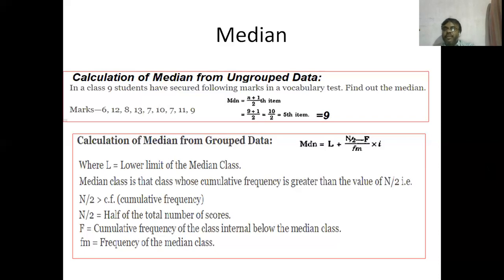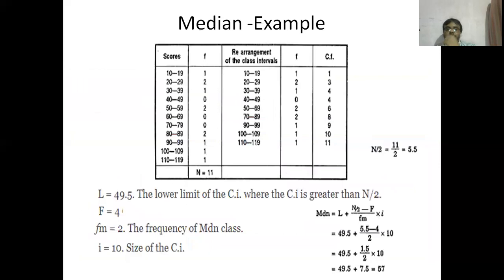So let's have a look at an example. You see, that is again grouped data given to you with some class intervals like 10 to 19. For example, we take this one as the median class. In that case, what will be the lower limit? The lower limit will be 49.5.